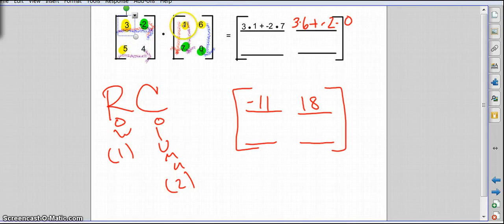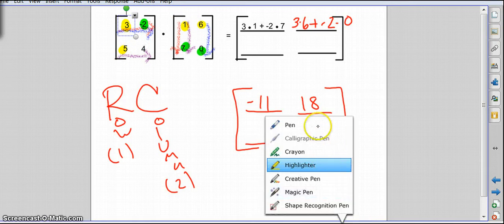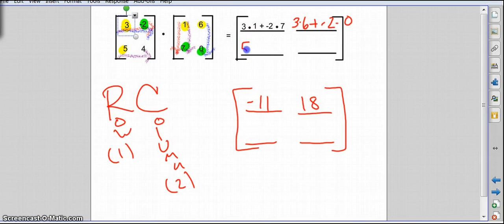First element times first element, 5 times 1, plus, and then second element by second element, plus 4 times 7. Five times 1 is 5. 5 plus 28 is 33.